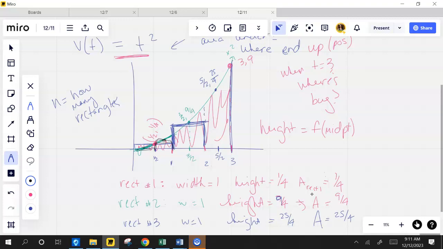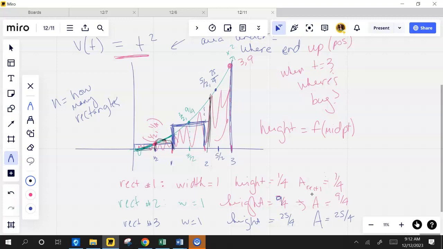What happens as I increase the number of rectangles is what I'm asking. It gets more specific. I get more accurate. Do you agree? The more partitions I cut it in, the closer I get to the actual area, because essentially if I could just make this teeny little sliver of a rectangle, then I'm going to be more accurate as I go because I got less space to lose or gain, right? Does that make sense to everybody?